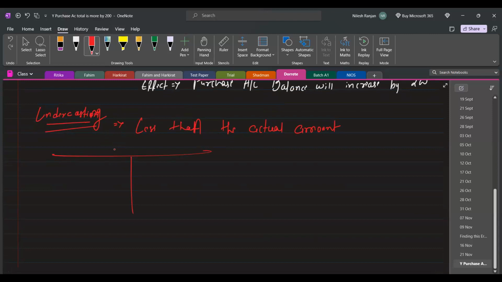Let's say there is a machine account, and we have to write the machine account on the debit side, let's say 10,000.